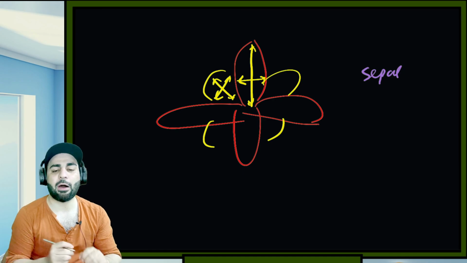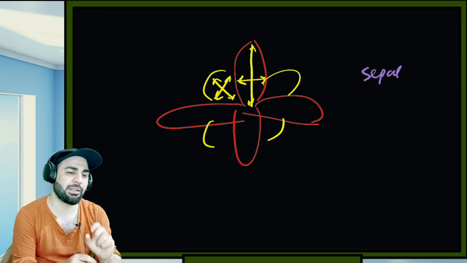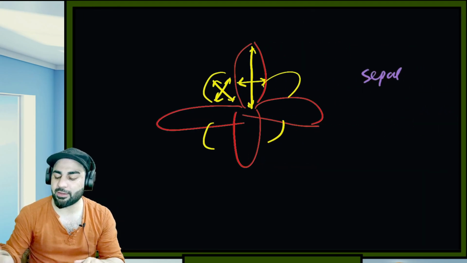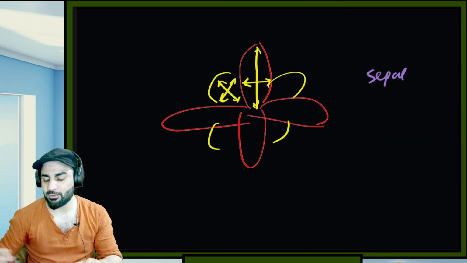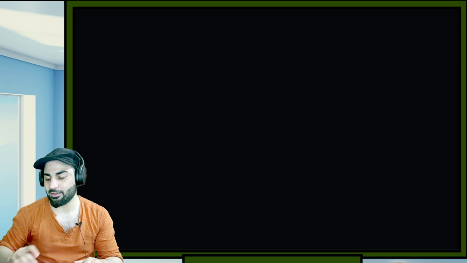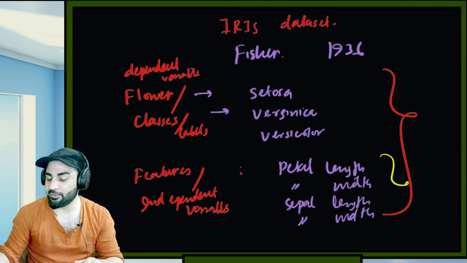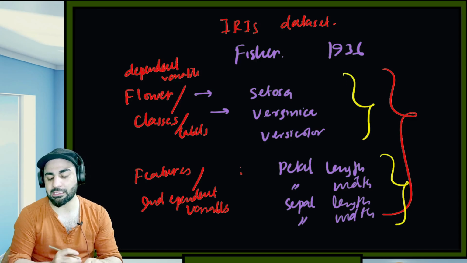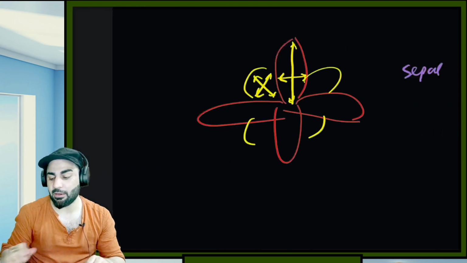Now the task was, based on petal length, petal width, sepal length, and sepal width, to classify these flowers. If I give you some data, people should be able to come up with the class or the label of that flower. Which type of flower is this? That was the problem at hand.